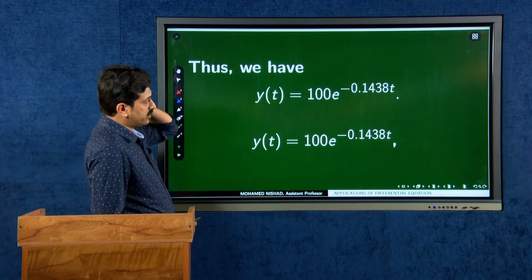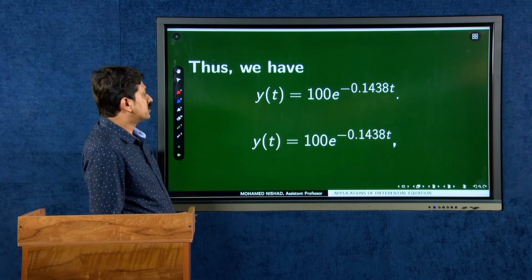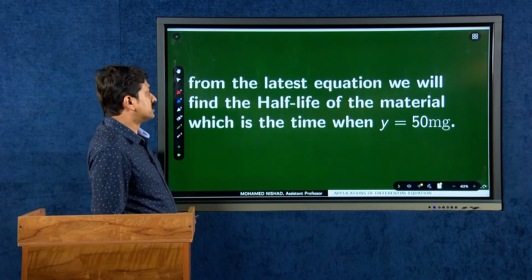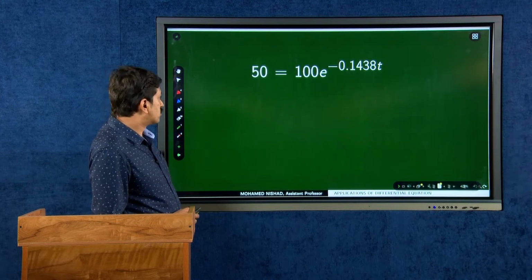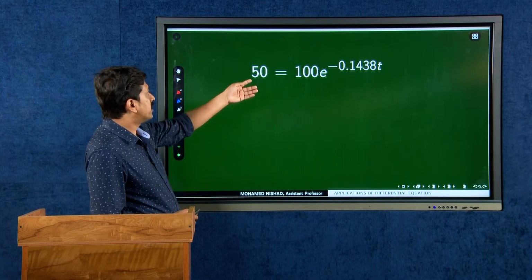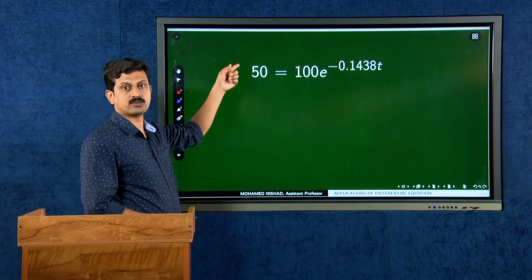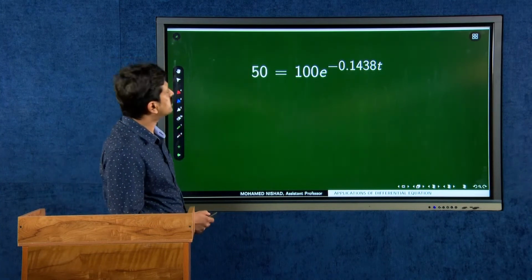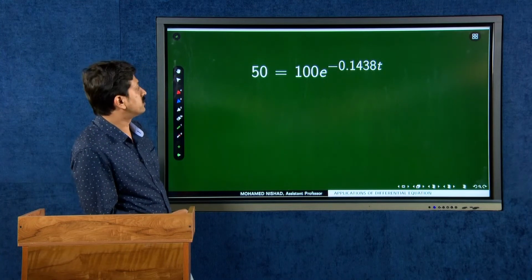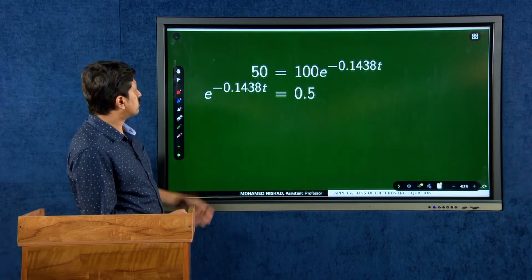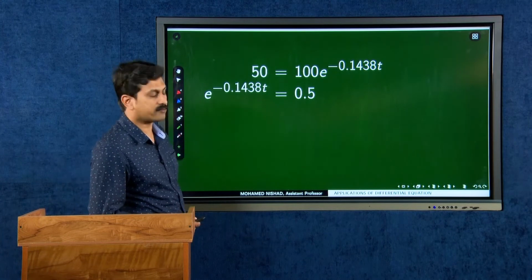So, actually we need to find the half life period, that is when y is equal to 50 milligram. So, I have to find the value of t when y is equal to 50 milligram, that is 50 is equal to 100 into e raised to minus 0.1438 into t. So, e raised to minus 0.1438 t is equal to 0.5.